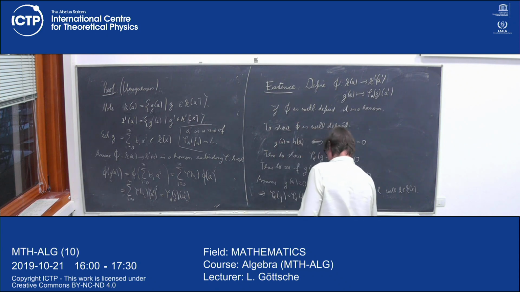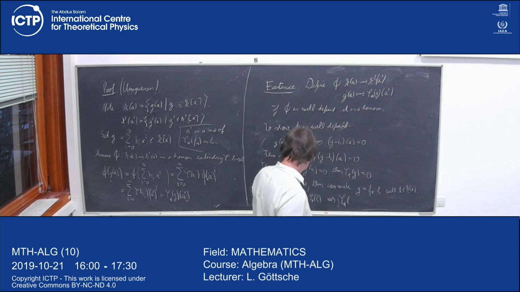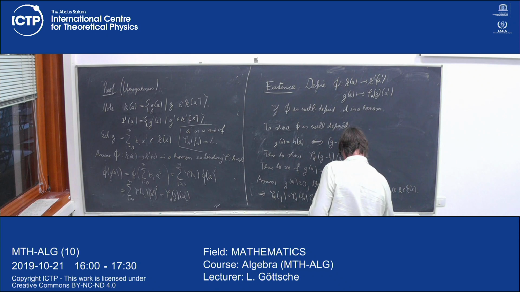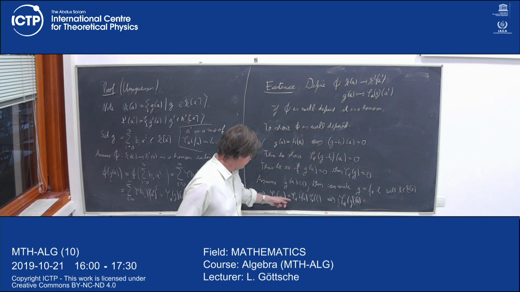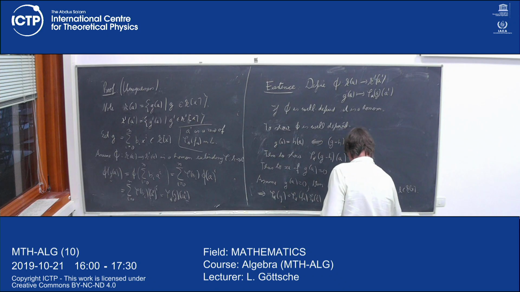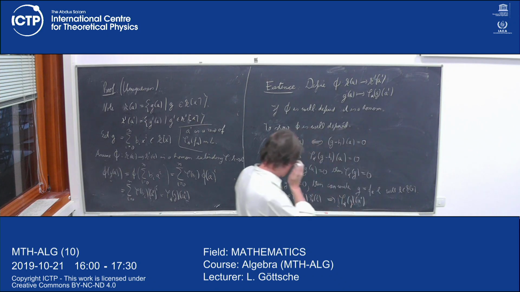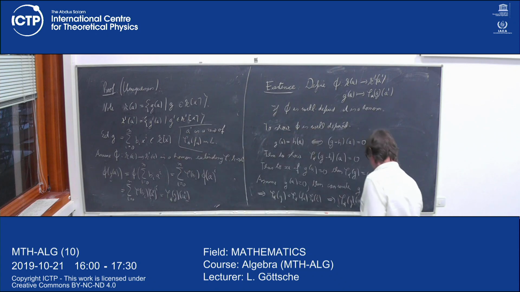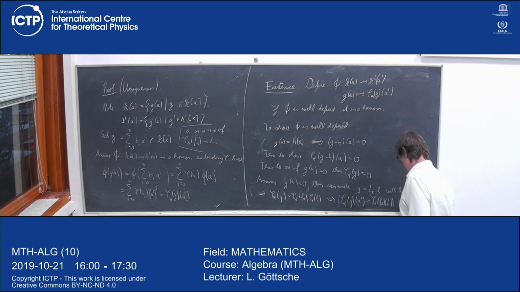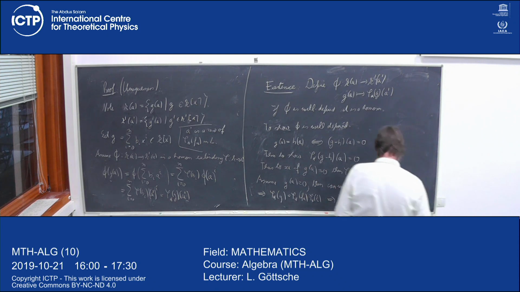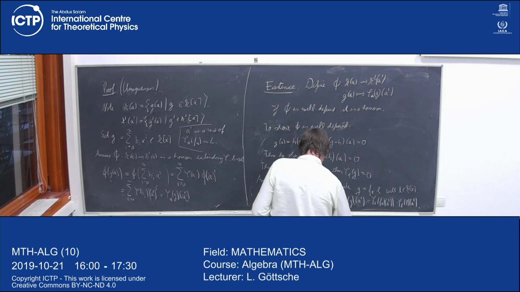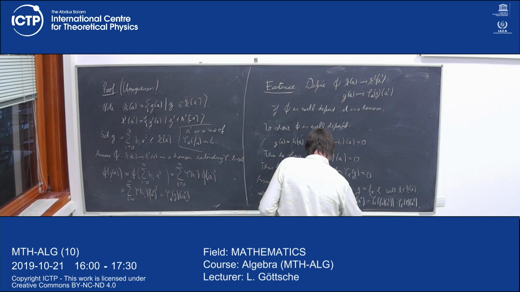So if I apply this to a prime, g applied to a prime is equal to phi star of f_a of a prime times phi star of L of a prime, and this by definition is phi of g of a.